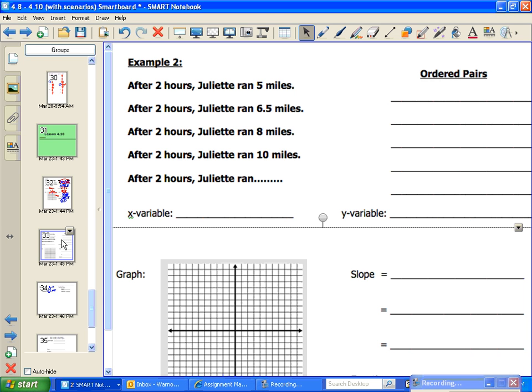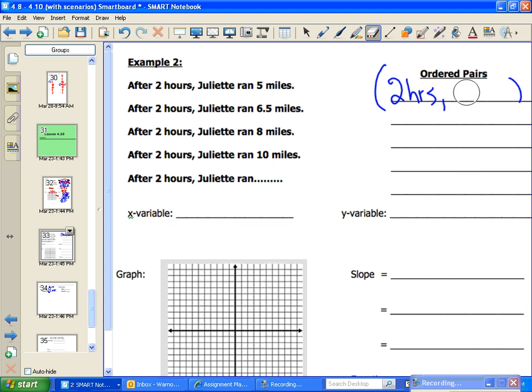That explains it. Okay, so after 2 hours, Juliet ran 5 miles. Ordered pair would be what, Brett? Good. After 2 hours, I have run 5 miles. Okay.